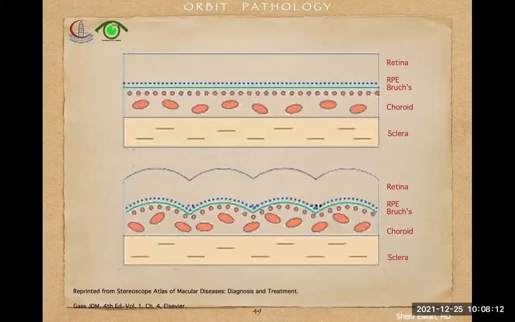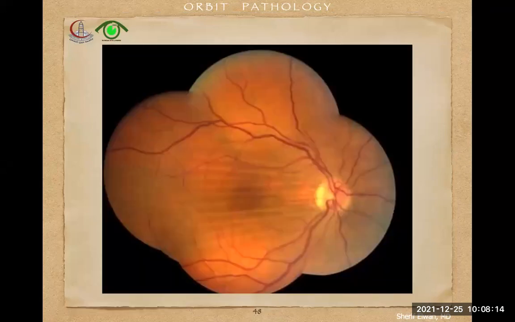Now, does this affect vision? The answer is yes, sometimes, not always. It may affect vision. And the way of affection of vision is that the cones inside the fovea are in direct contact with the retinal pigment epithelium and depend on it for nourishment.